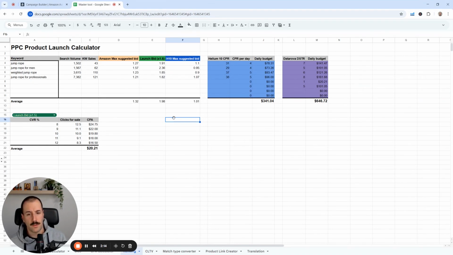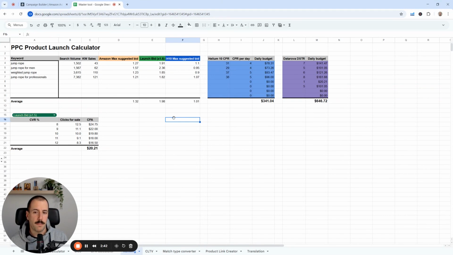If you know that in the past one of your similar products had issues with bids or CPCs being too high, then maybe you want to start a little bit lower and then increase gradually over time, depending on the volume of clicks that you're seeing. So that's it about the beginning.